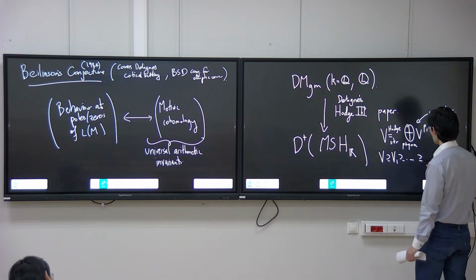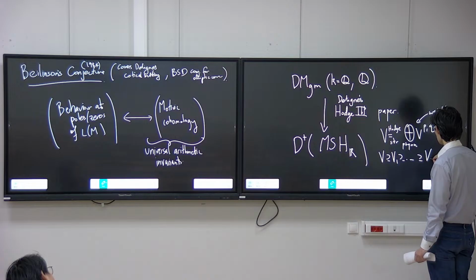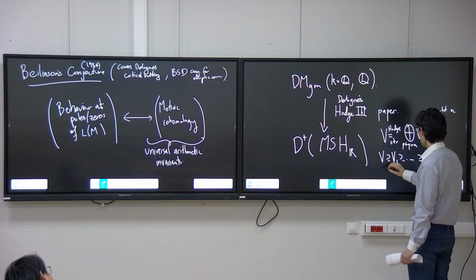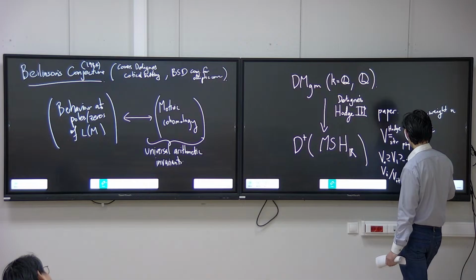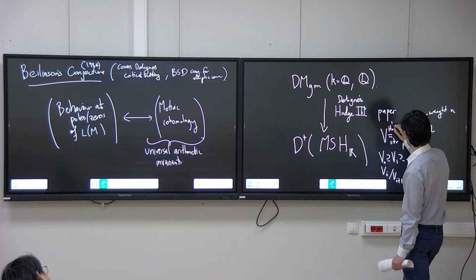In general, a mixed Hodge structure is something like this, where each quotient is a pure Hodge structure.